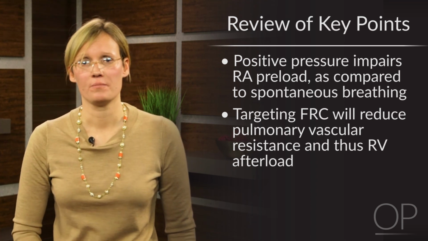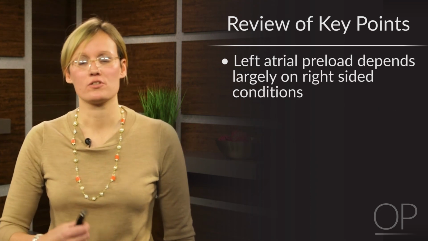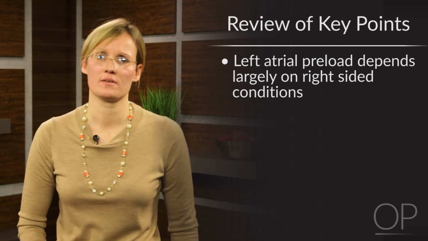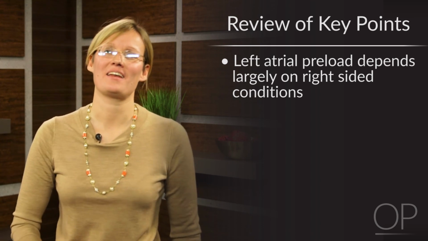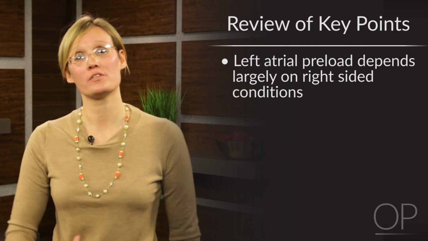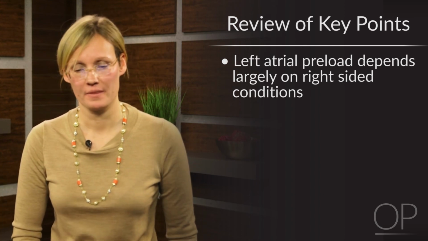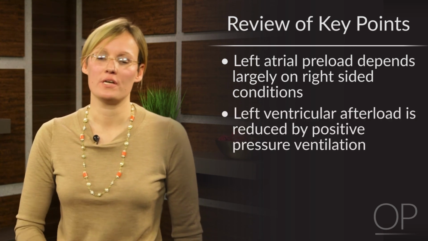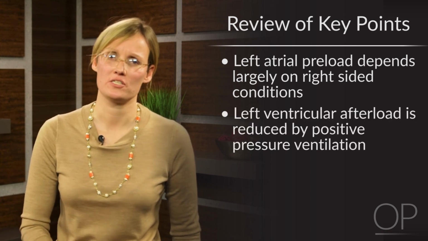On the left side, left atrial preload depends largely on right-sided conditions, which is why I say that mitigating the right ventricular afterload by ventilating to FRC will ultimately increase your cardiac output. Left ventricular afterload is reduced by positive pressure ventilation.